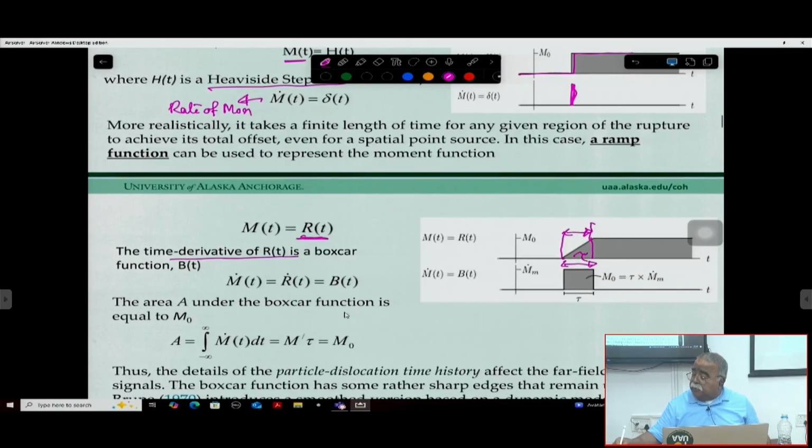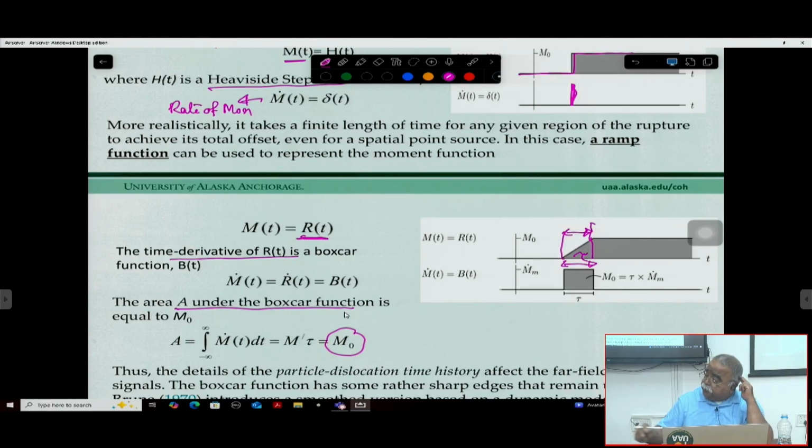Now the area under the boxcar function, M dot into dt, is M into tau. That is what we call M0, your moment or M0 value.